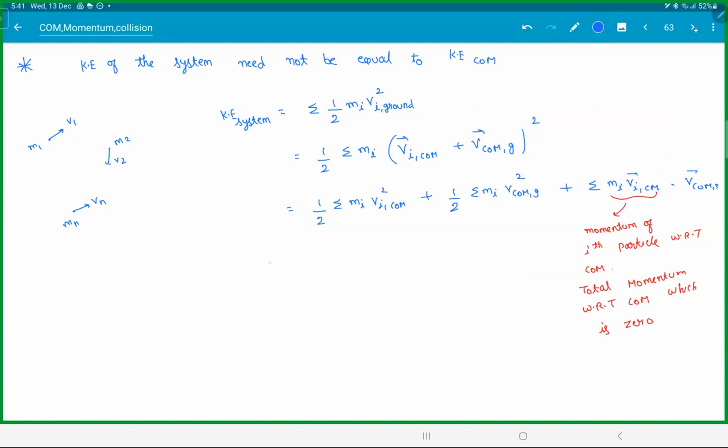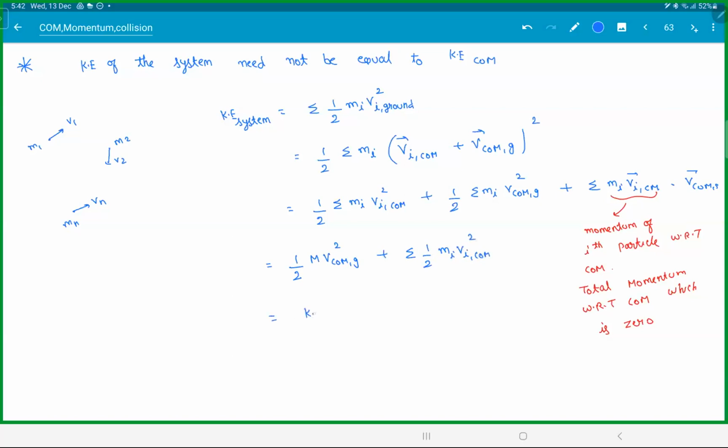So what you are left with is half sigma mi is half m v com g square plus sigma half mi velocity of the ith particle with respect to the center of mass square.